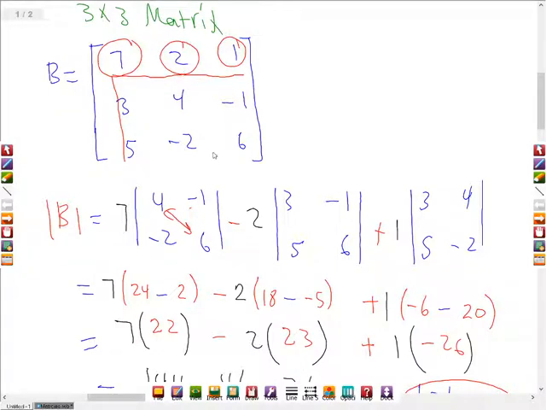You cancel this row and this column. What is left? 3, -1, 5, and 6. The same thing for the last element, the 1 here. What is left? 3, 4, 5, -2.